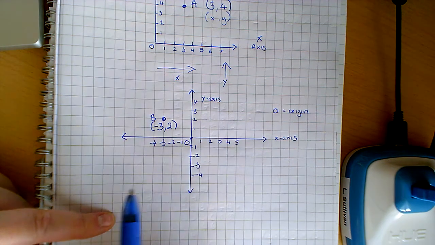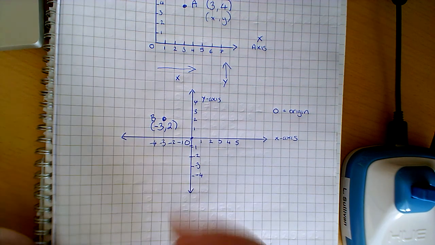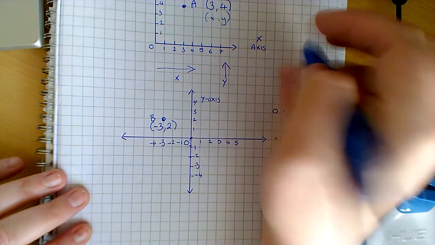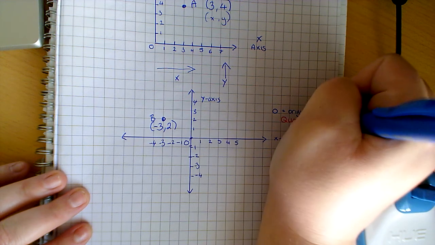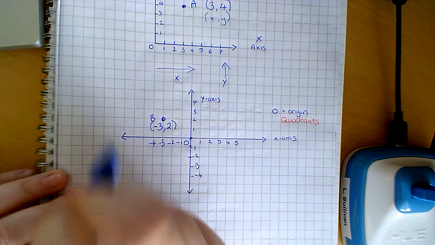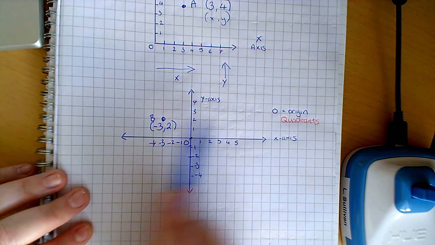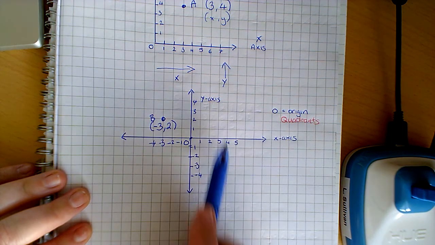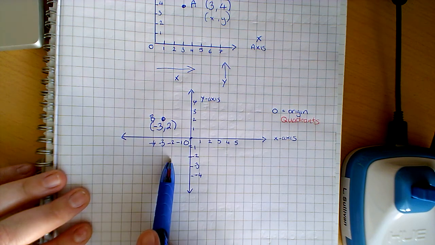So from here, we can also label these as quadrants. Okay, so that's a new word. We have quadrants. And what a quadrant is, it means that it's a fraction or a fourth of your plane.